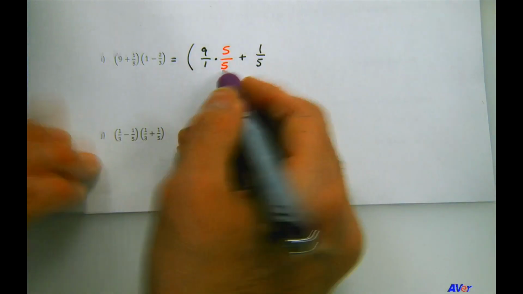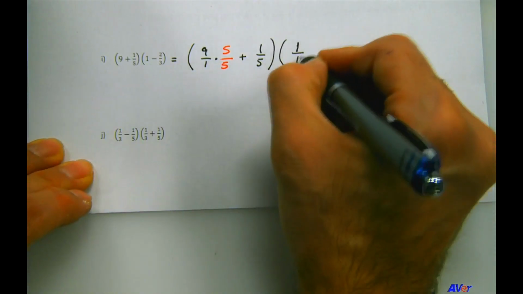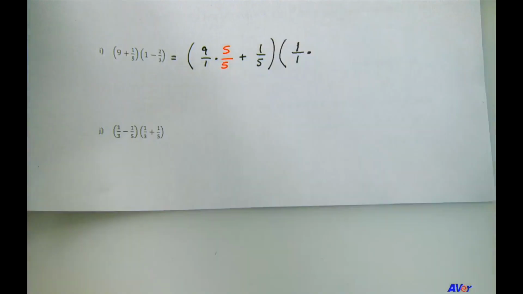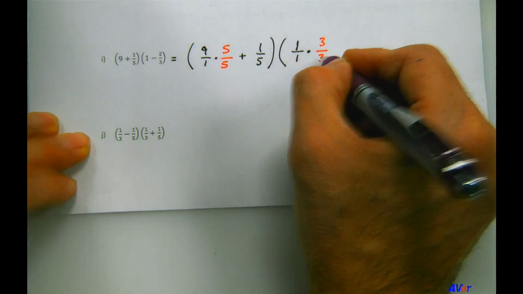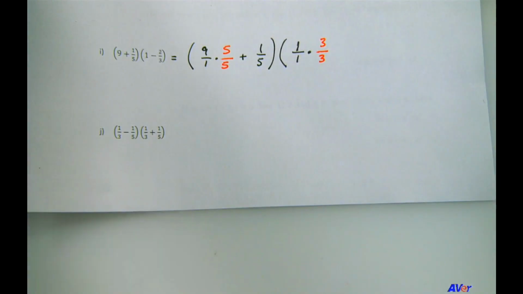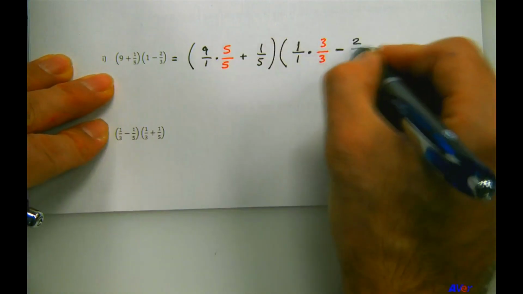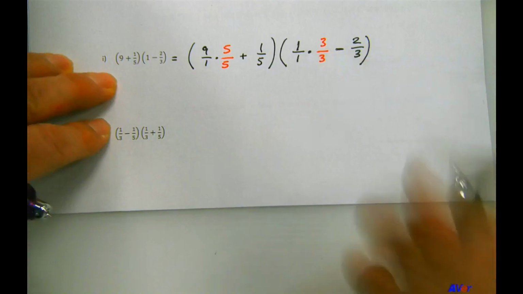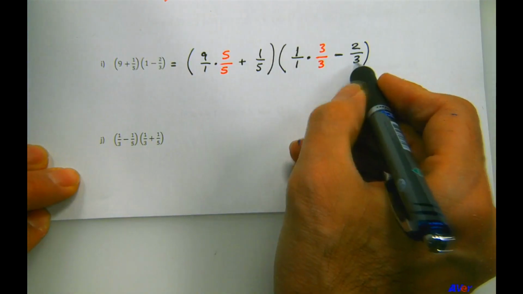It's already the common denominator. So times nothing. And let's take the common denominator here as well. 1 over 1 times the common denominator here is 3. So multiplied by 3 over 3. Then minus 2/3 doesn't need to be multiplied by anything, right? Because it already has the common denominator.